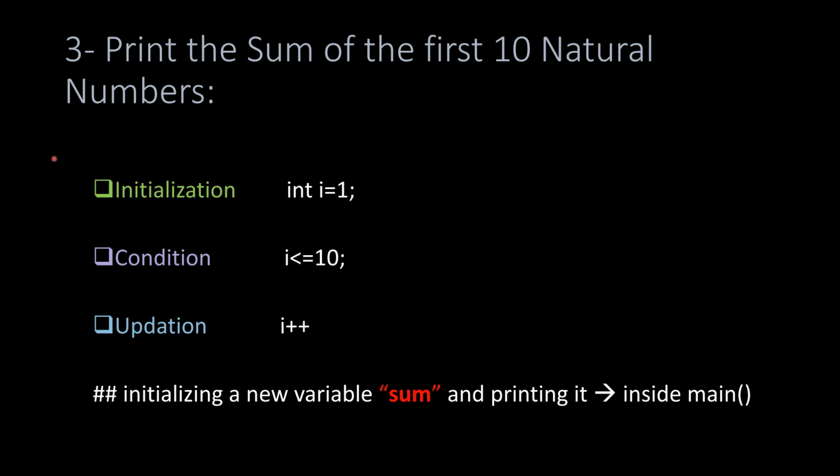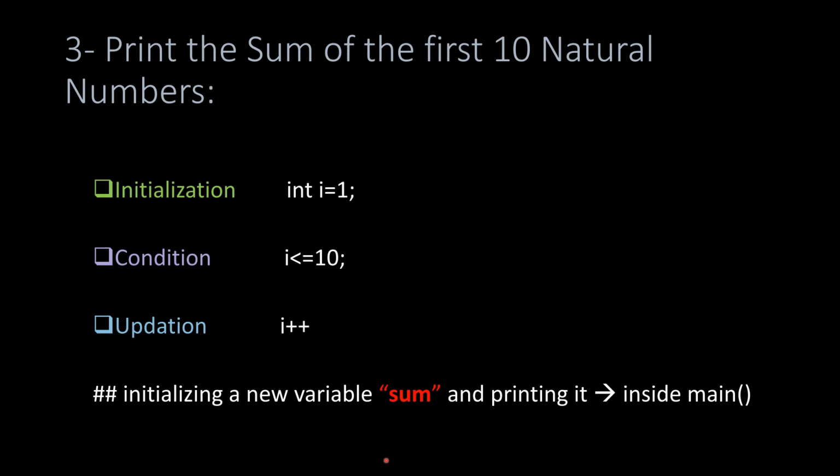But the additional thing here is initializing a sum variable that acts as a container inside the for loop and stores the value of our loop variable after each iteration. And when our for loop is executed, we print its value by cout inside the main function.